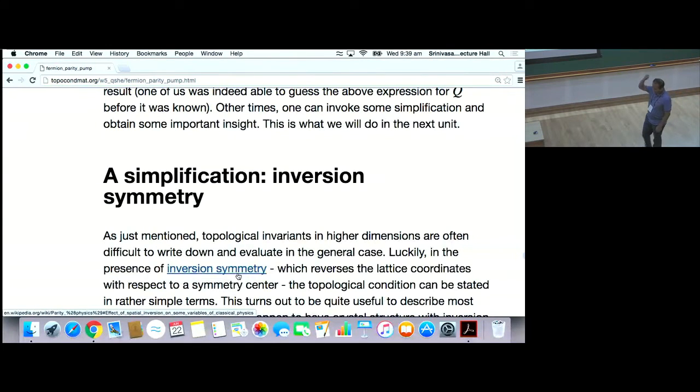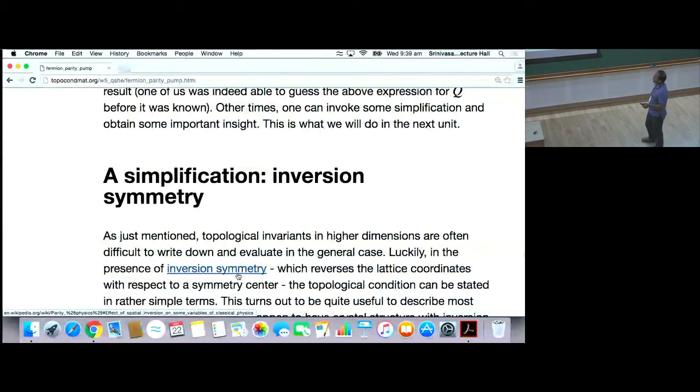Now in this case, the direct answer is really messy. It's a Pfaffian of a complicated object that I don't really want to go into, mostly because it's also rarely used.